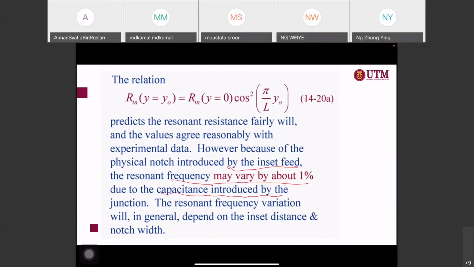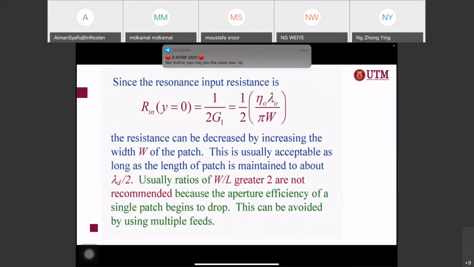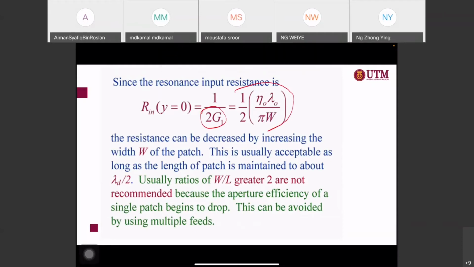Okay, so what we can see is that since the resonant input resistance is equal to this one, we consider only 2G1 here, so we can do it in terms of this particular value. Eta naught here is equal to 377, lambda naught is your wavelength, W is the width of the patch.